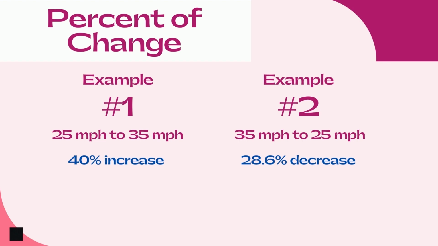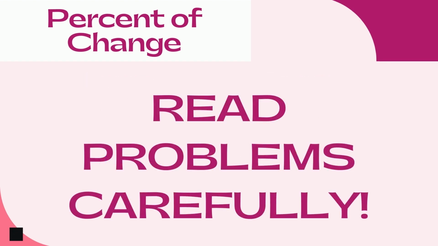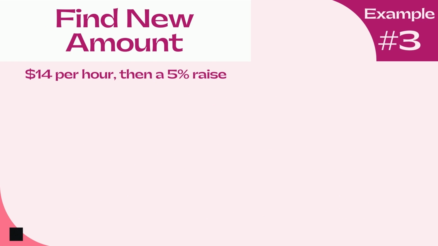When the original number is different, your percent is going to be different. Looking at these two examples is really to show you that you need to make sure you read the problems carefully. One small difference can be a difference in your answer as well.